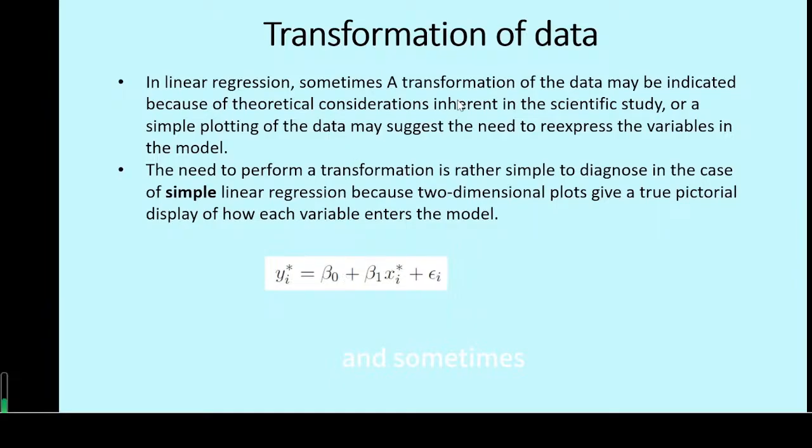And sometimes the relation between y and x is not linear in the parameters. So we may perform a transformation, based on the real situation, to get a linear regression.